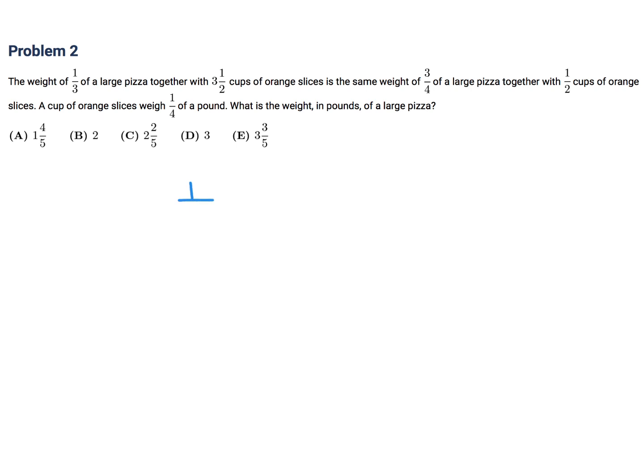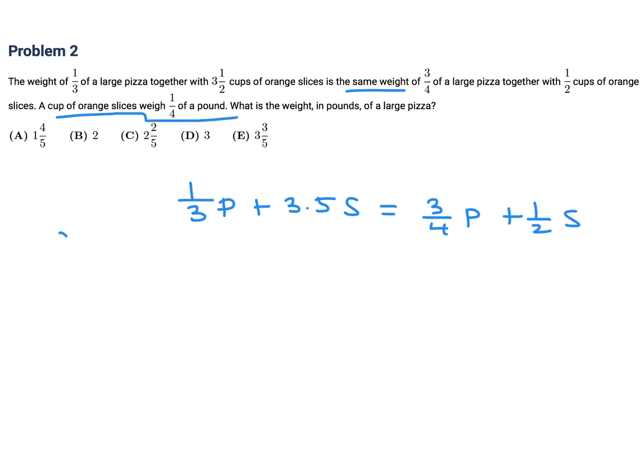So the math: if I let the pizza be P and the orange slices be S, then 1/3 of P and 3.5 of S is the same weight, so equals 3/4 of P plus 1/2 of S. And I think that's the math. They also tell me that the orange slices are 1/4, so S is 1/4.